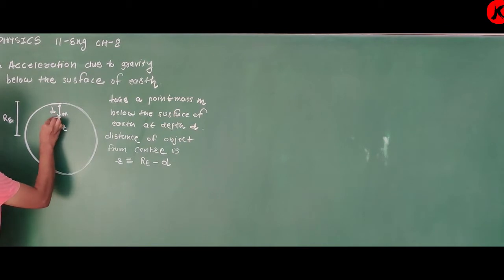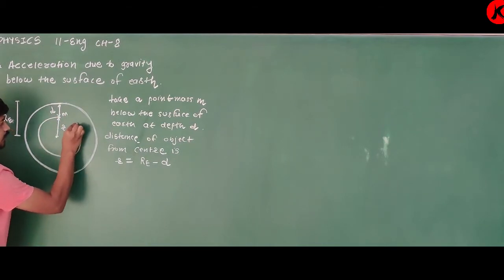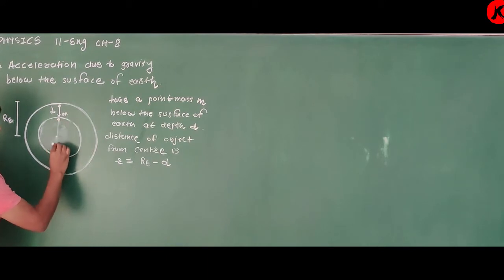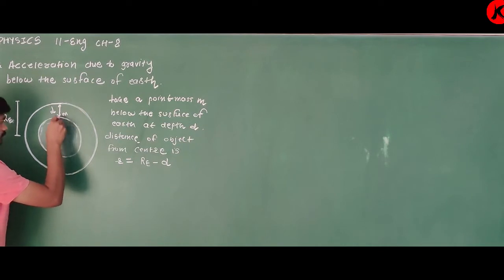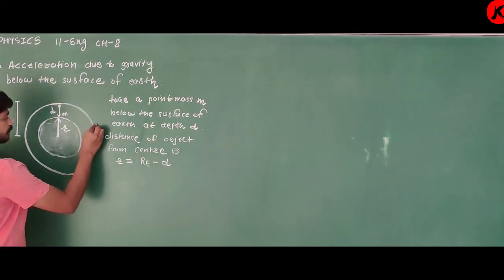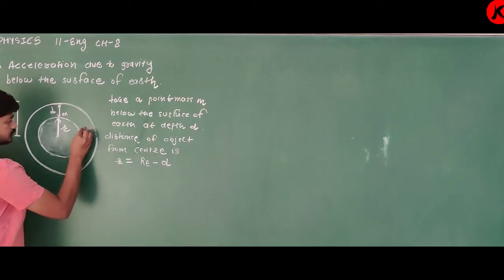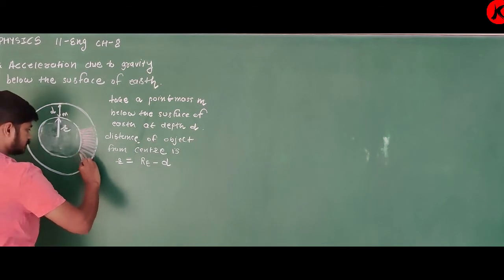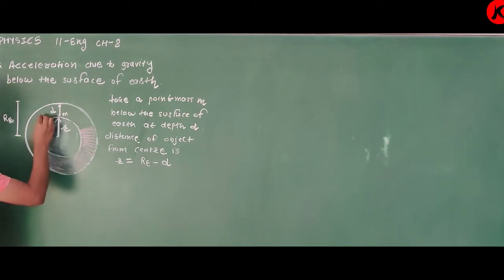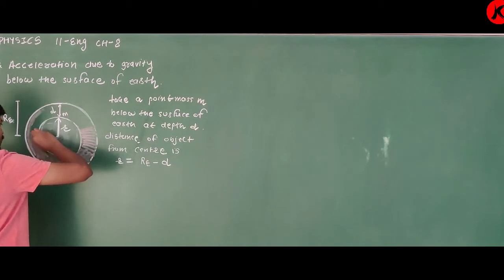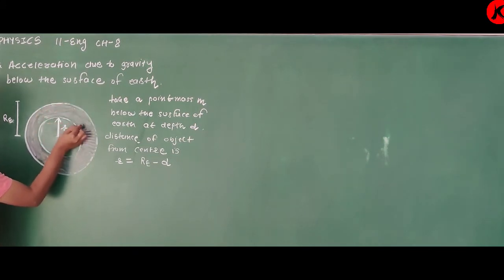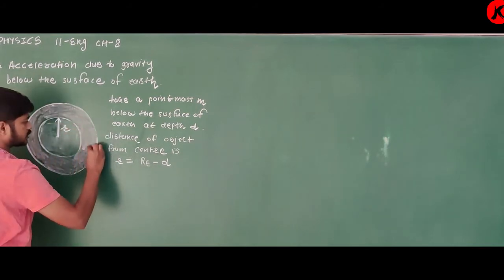First, a sphere of smaller radius, and second, a shell of thickness d.